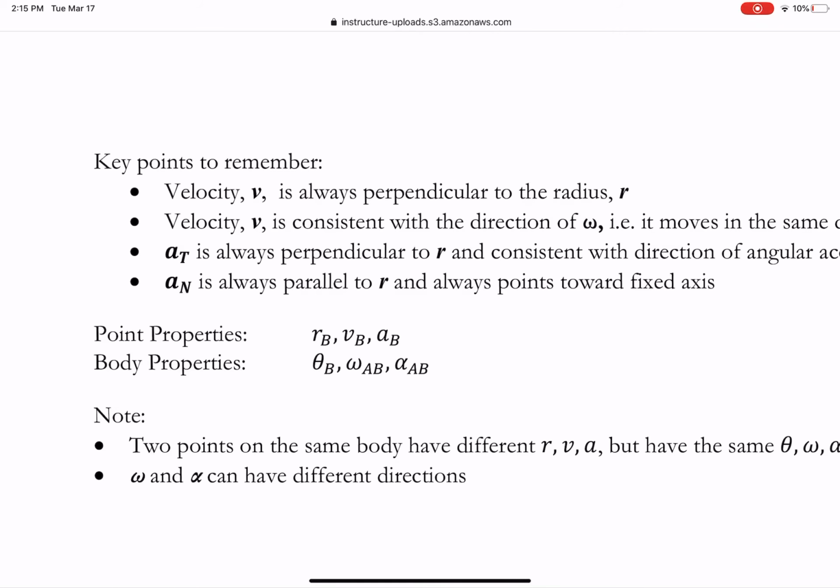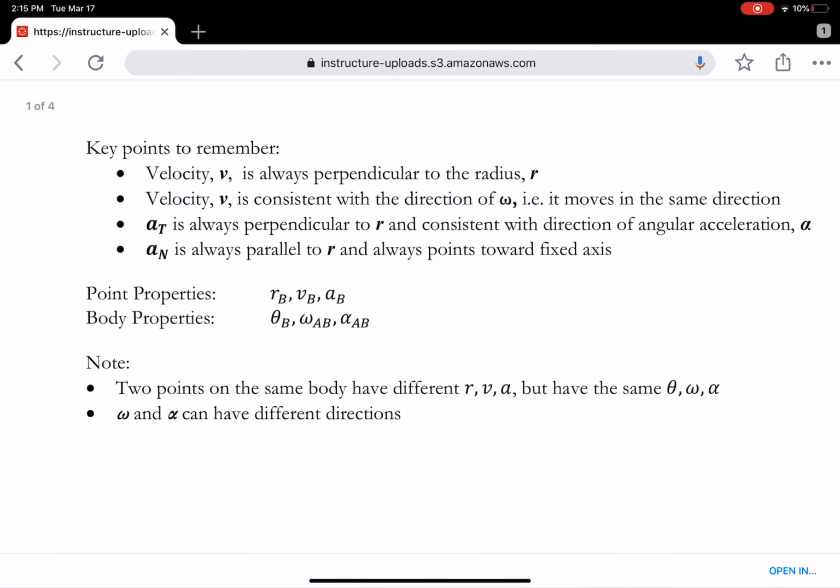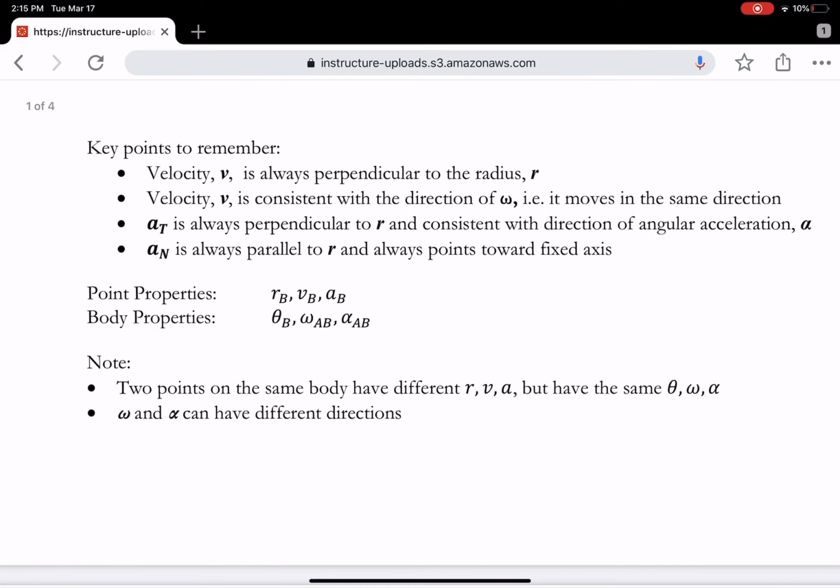The tangential component is always perpendicular to the radius, consistent with the direction of alpha. Alpha and omega don't have to be in the same direction, only when the body accelerates. And the normal component is always parallel to the radius and always points to the fixed axis.